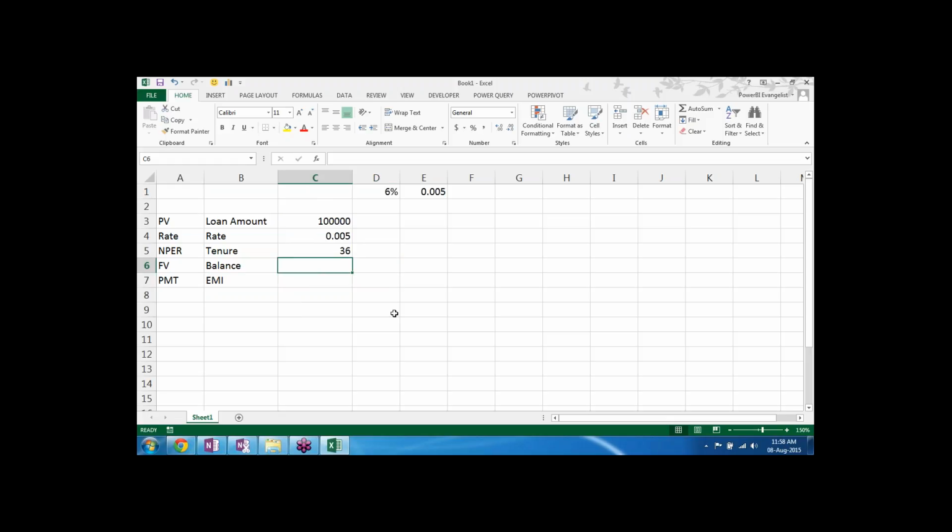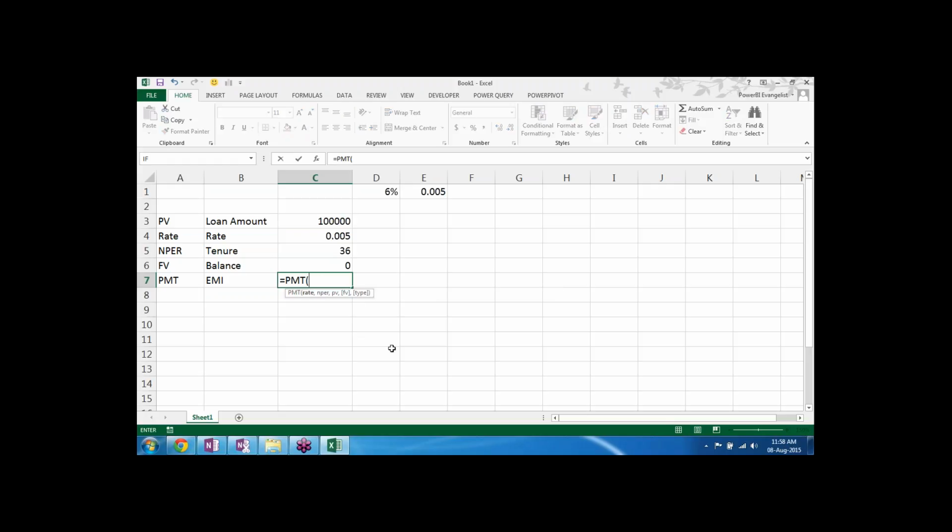And the balance is something we say at the end of my tenure. If you have taken a loan of 1 lakh, at the end of 36 months there should not be any balance with the bank. So balance should always be zero if you are taking a loan. If this is the scenario, what will be my EMI? The function is very simple.